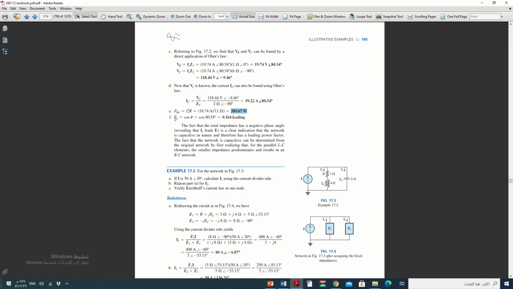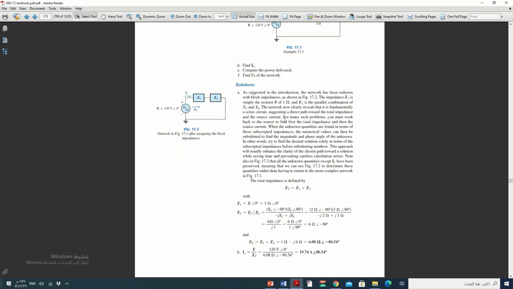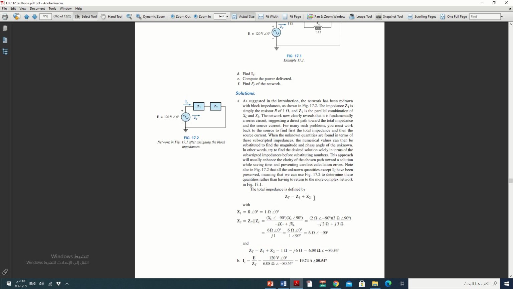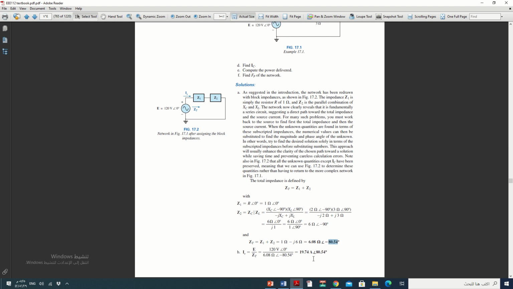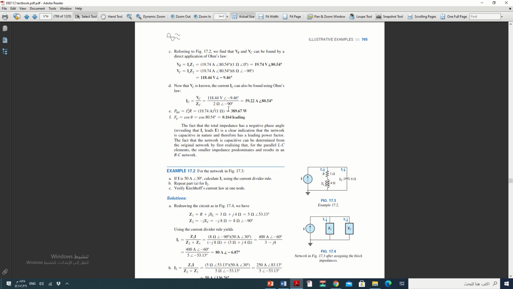For the power factor, cosine theta, cosine 80.54. From where do we get 80.54? It is theta voltage minus theta I. But you can also find it directly from Z total, which is 80.54. It does not matter if you calculate cosine minus 80 or cosine 80, because cosine is an even function. We found the answer 0.164 leading.